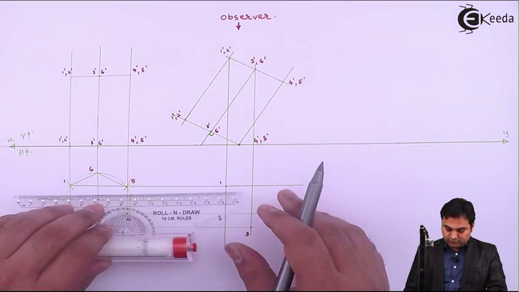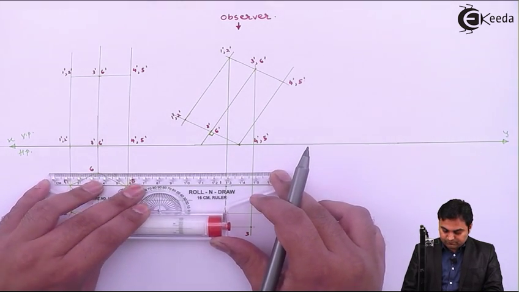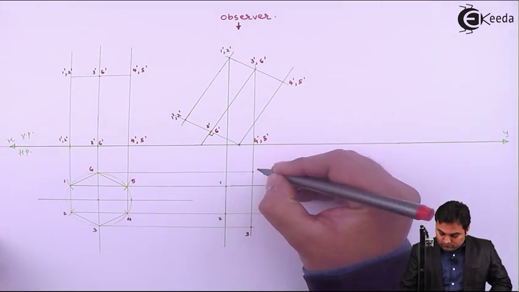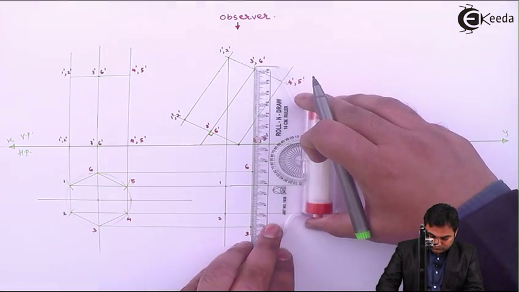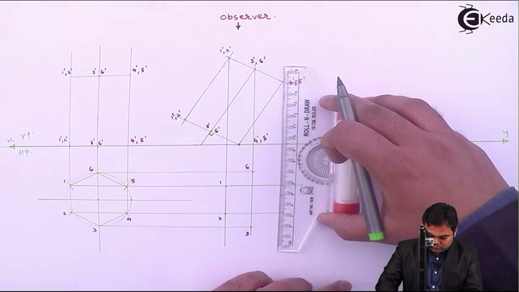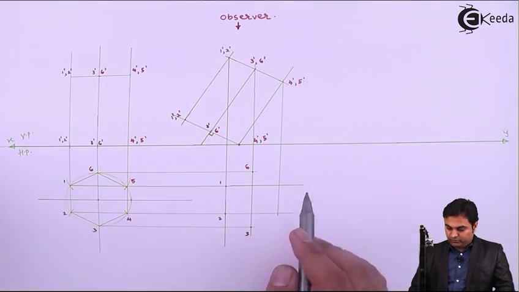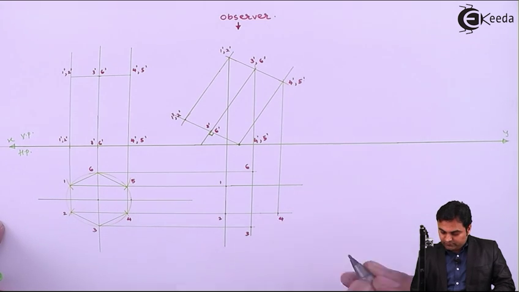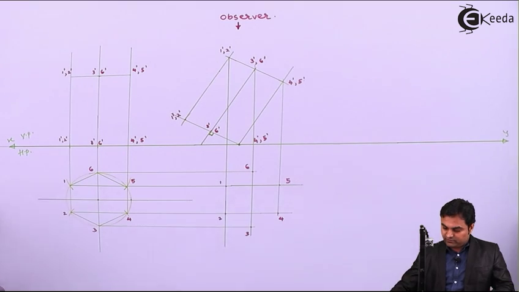Then point 6 is also on the same location. Then 4 and 5. So 4 and 4 dash where they intersect, that will give us point 4. 5 and 5 dash, that will give us point 5.